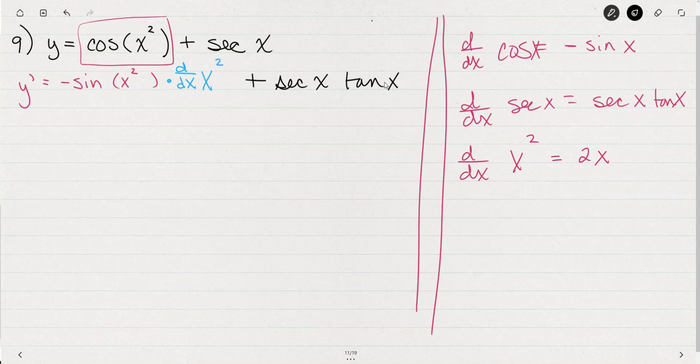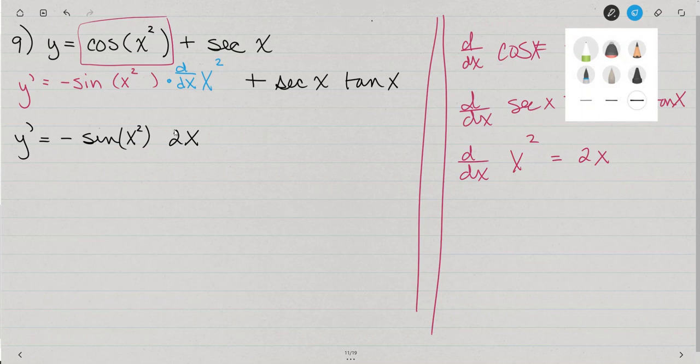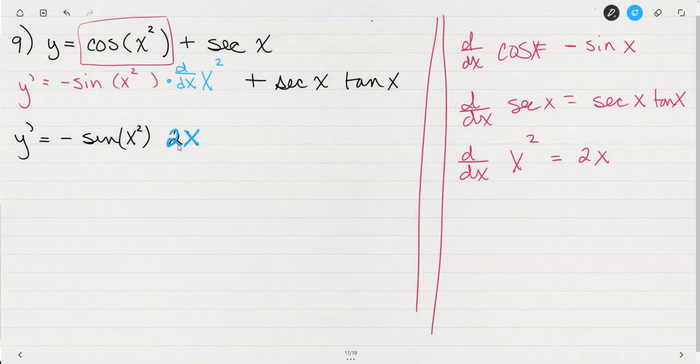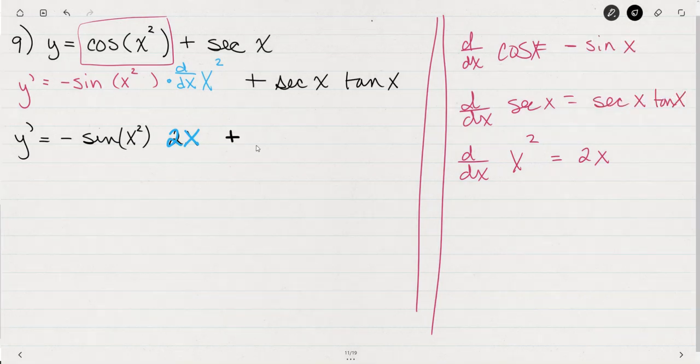Let's go ahead and finish through here, because then we'd have plus the derivative of secant, which is simply secant x tangent x. So on the next line, we'd have y prime equals the opposite of sine of x squared times the derivative of x squared. The derivative of x squared is 2x, plus secant x tangent x.